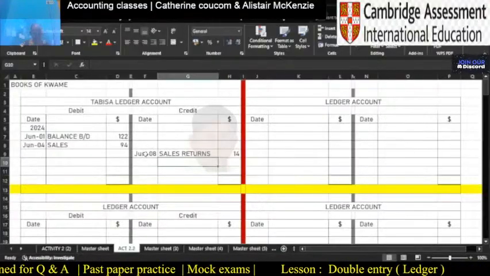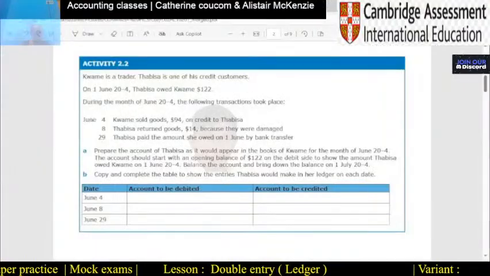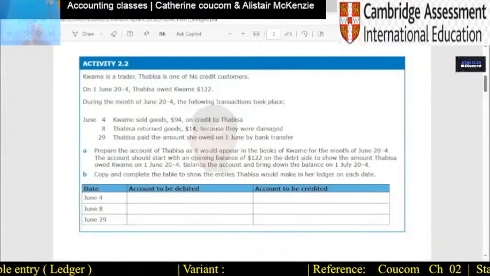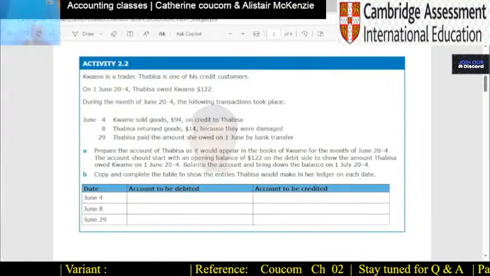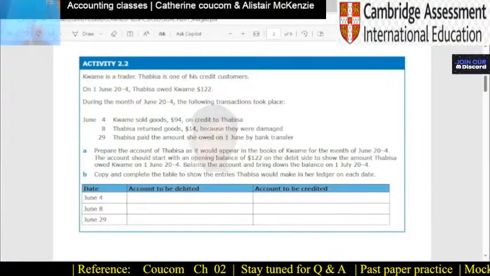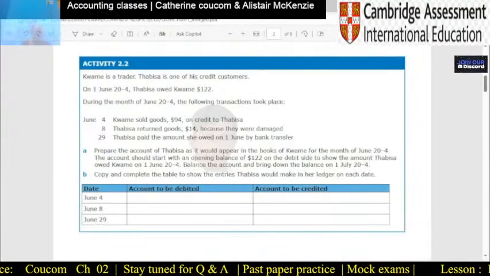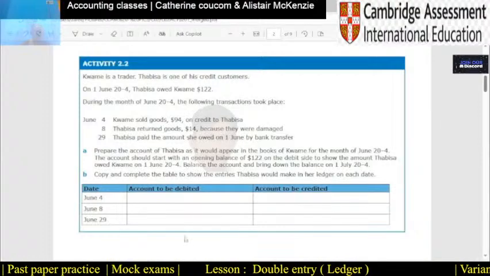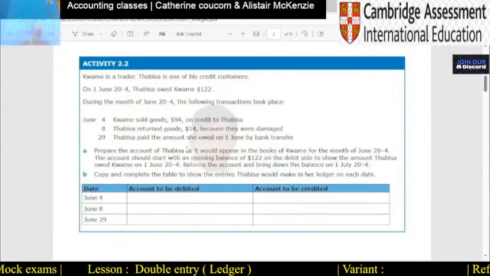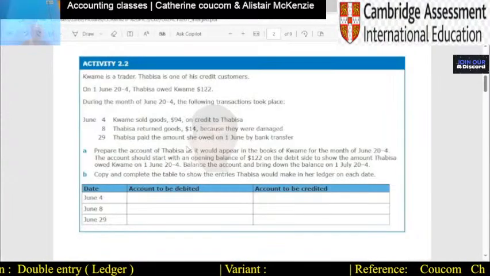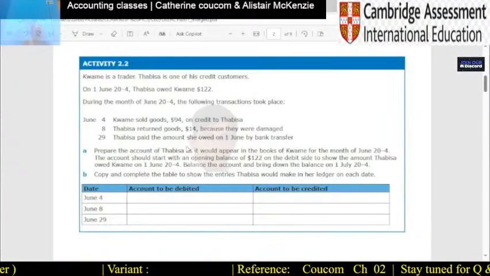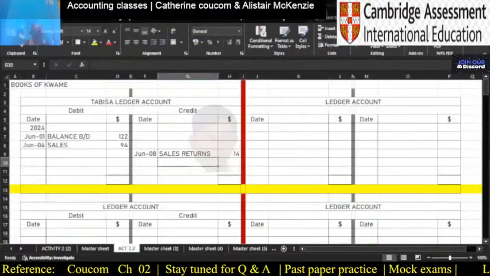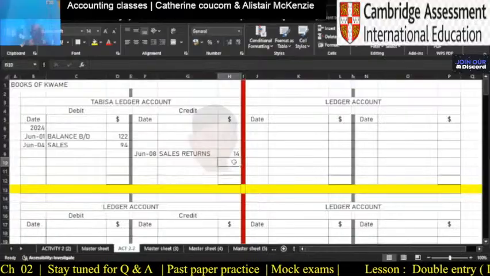Then what has happened? Tabisha paid the amount she owed. Tabisha paid. So money will go out. Tabisha has paid what she owed on 1st June. So she is the giver.